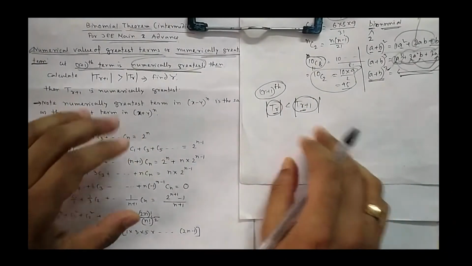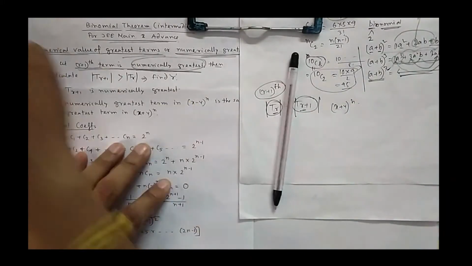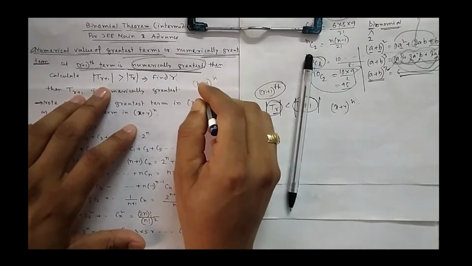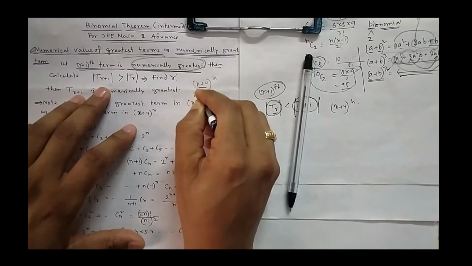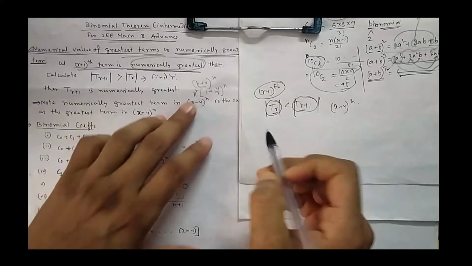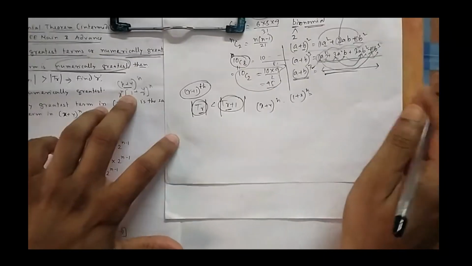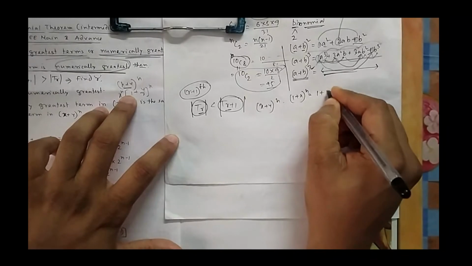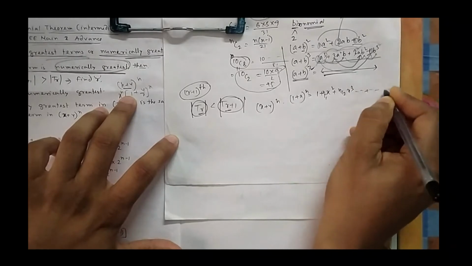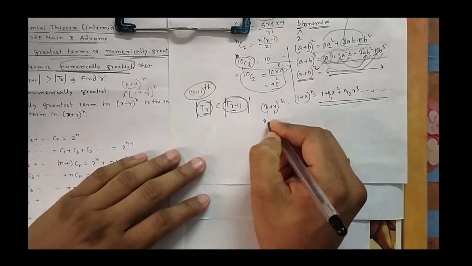For this we do one thing: we change (x + y)^n into 1 plus something, that means you take x common, then it will be 1 + y/x. We do that because if it is 1 + x, then the series will keep on increasing: the first term will be 1, the second term nC1 x, the third term nC2 x squared, because x keeps on increasing.